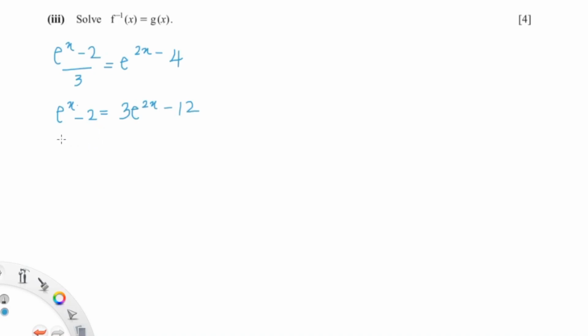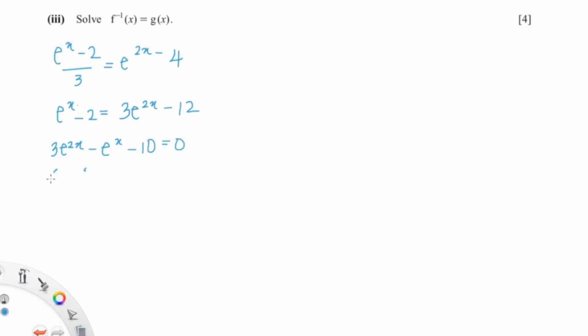Okay, so now I'm going to bring all of them to one side, so that would be 3e^(2x) minus e^x minus 10 equals 0. So now notice that it is a quadratic equation.